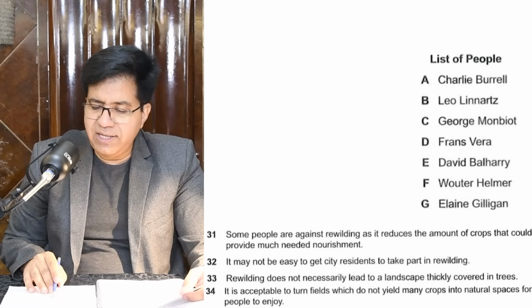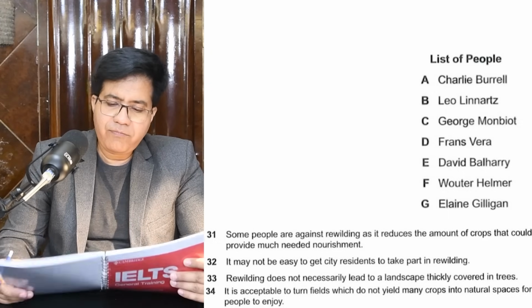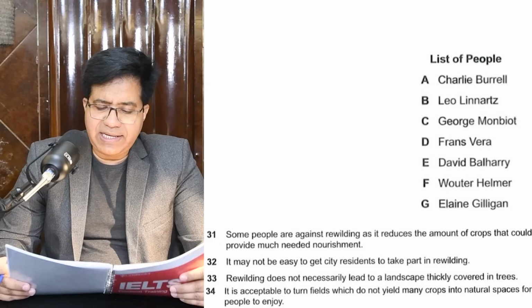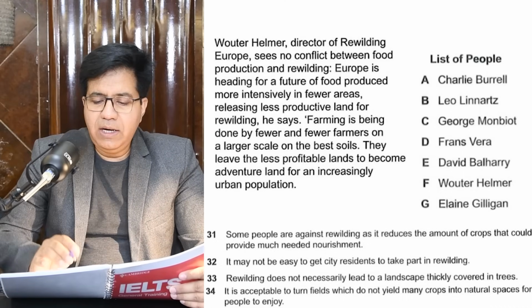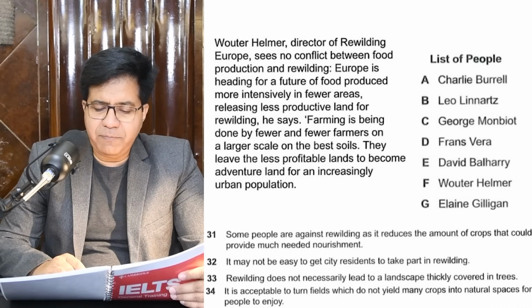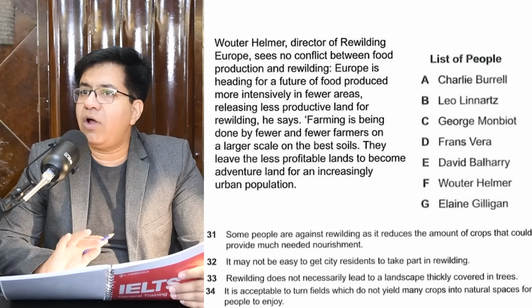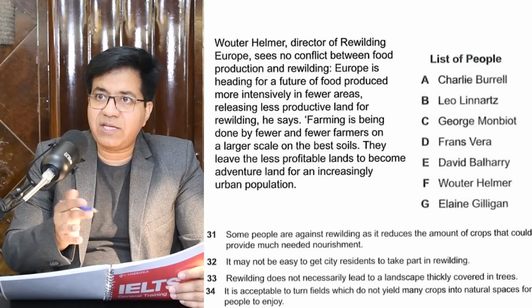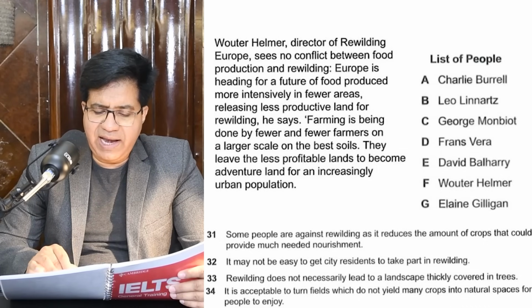Next is Wouter Helmer. Let's go back. Wouter Helmer. Second page, second paragraph, and we have Wouter Helmer, Director of Rewilding Europe, who sees no conflict between food production and rewilding. He says there is no conflict. I mean, it will not affect one another. Europe is heading to a future of food produced more intensively in fewer areas, releasing less productive land for rewilding.